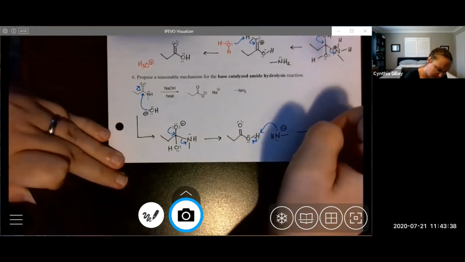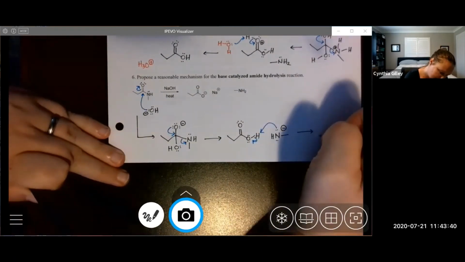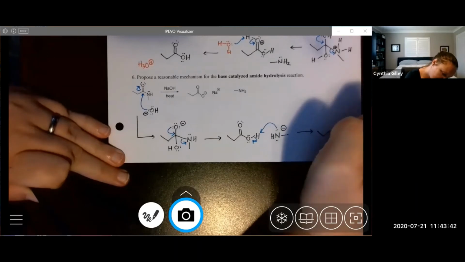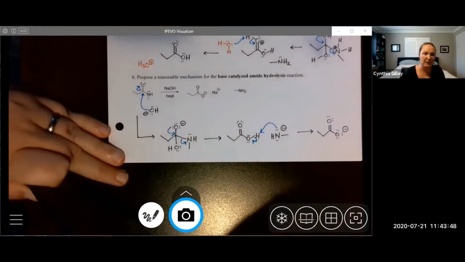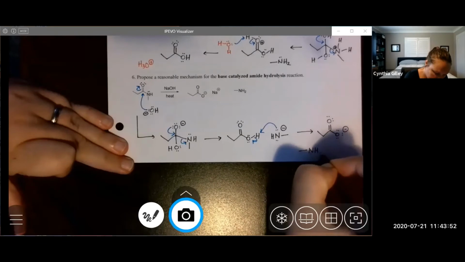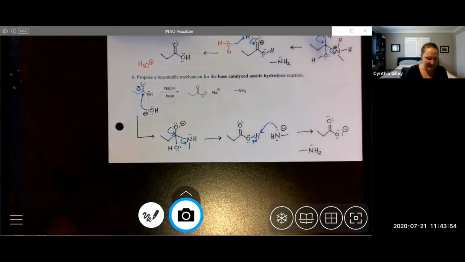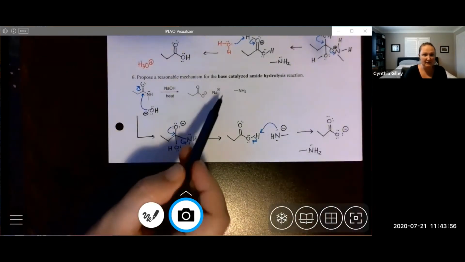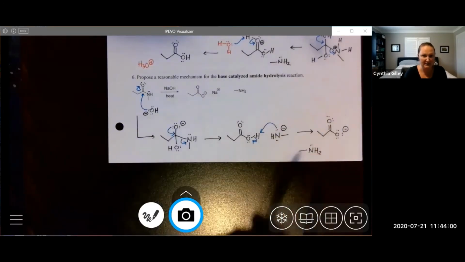So this is the irreversible proton transfer. That gives you the carboxylate and the amine. So he has it stopping at the carboxylate, so we're basically done with the mechanism.